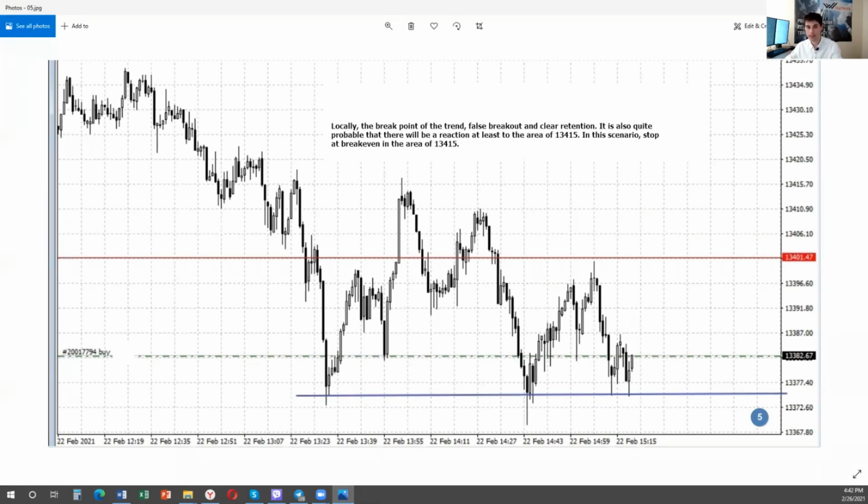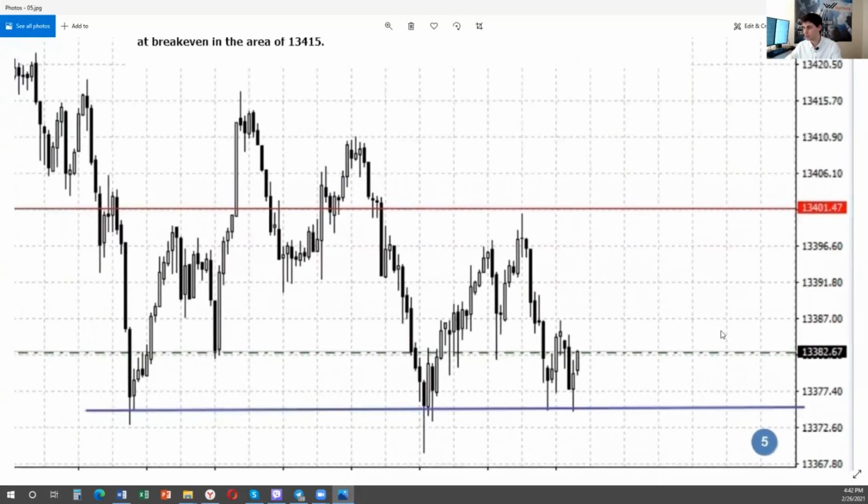Here, as it were, this is overlooked because the purchase is below 13,401. So this rule does not work here. Buy above the level, sell below the level.